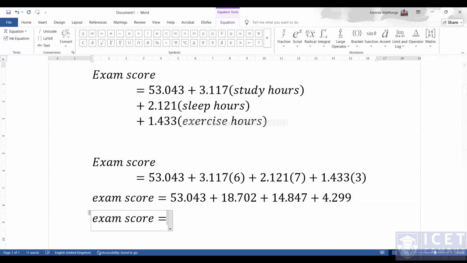It is equal to, we have to add all of this: 53.053 plus 18.702 plus 14.847 plus 4.299.